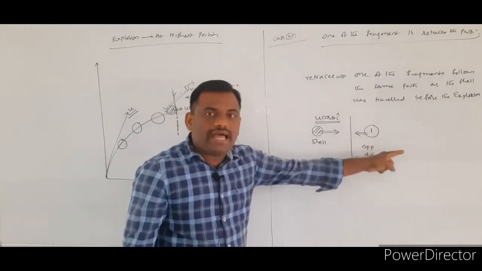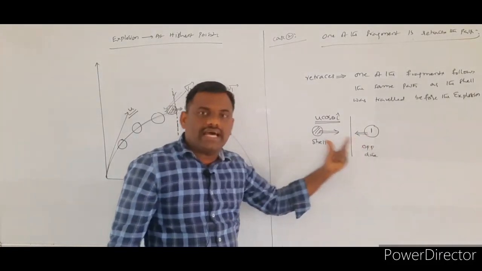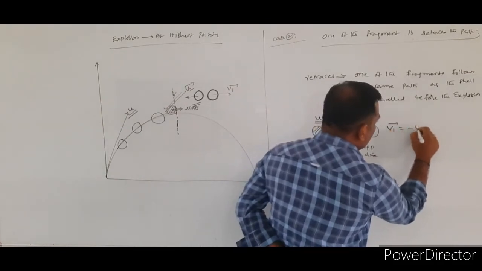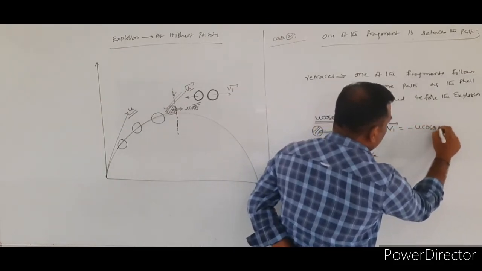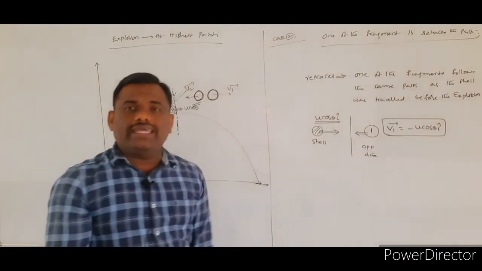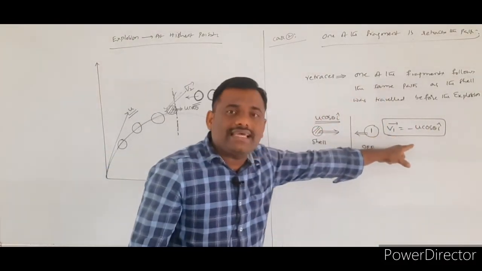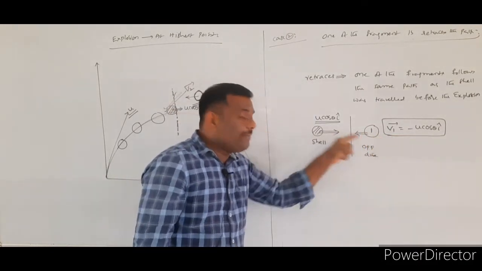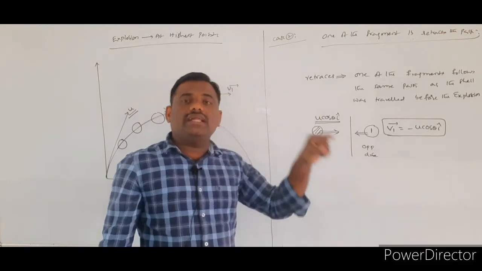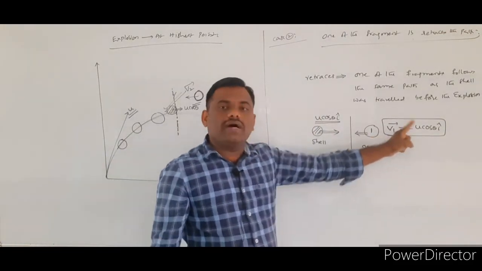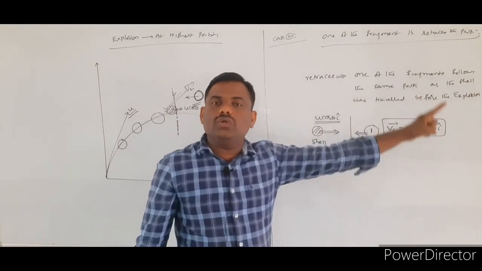If the first fragment is traveling in the opposite direction, the velocity of the first fragment is equal to minus u cos theta into i cap. Why did I put the minus sign here? Since the first piece is traveling opposite to the direction of motion of the shell, v1 bar is equal to minus u cos theta into i cap.